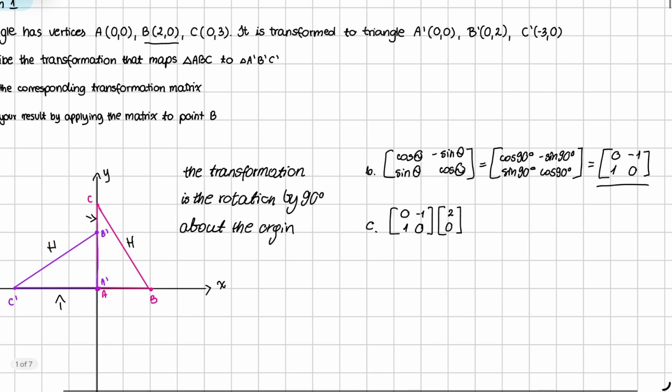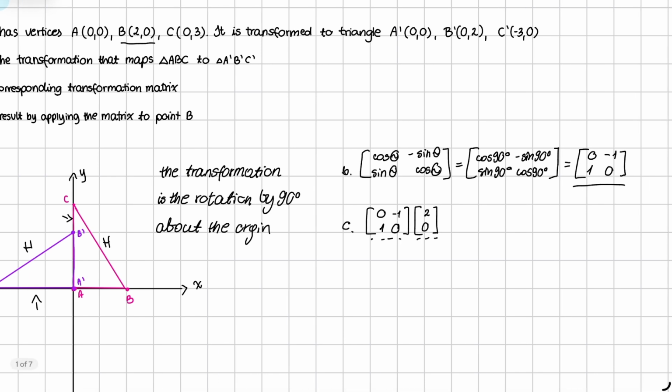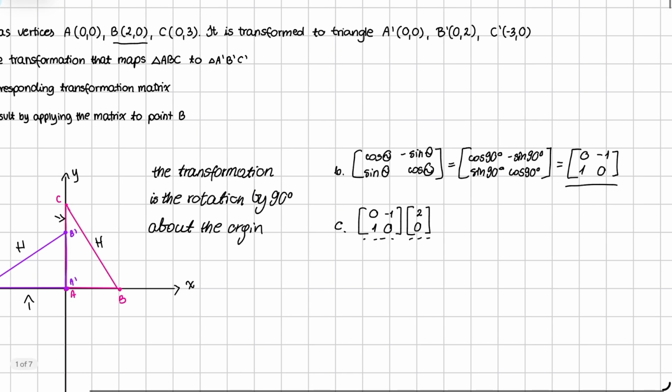You should remember why the first matrix is our transformation matrix and the second matrix is our point B. You have to think about rows and columns to know why we multiply these matrices like this.